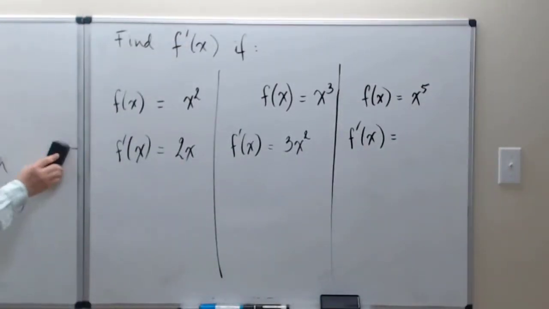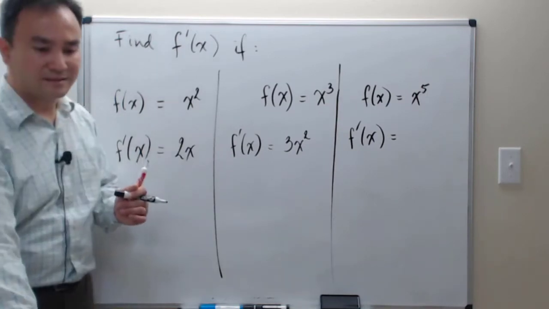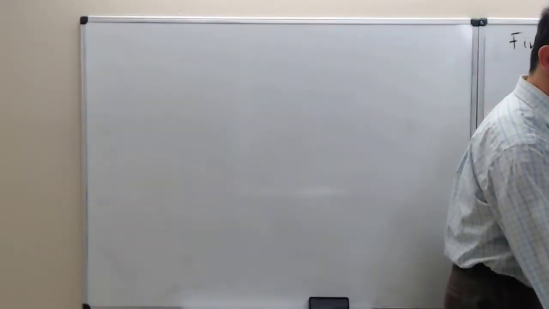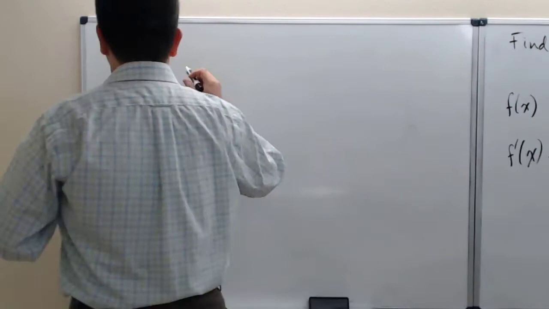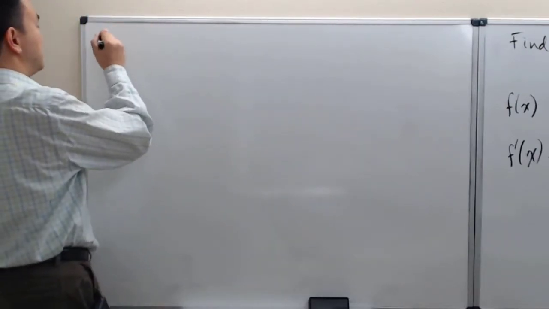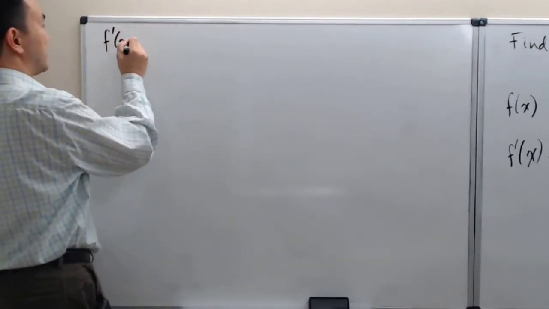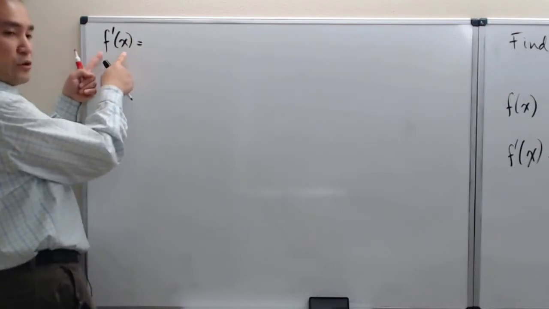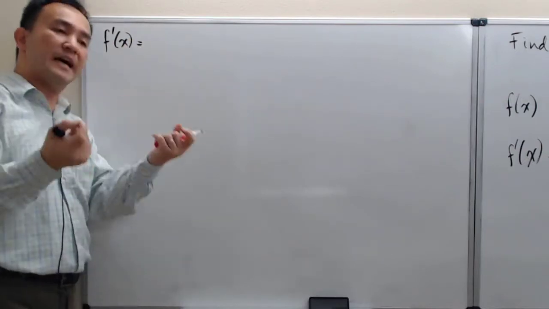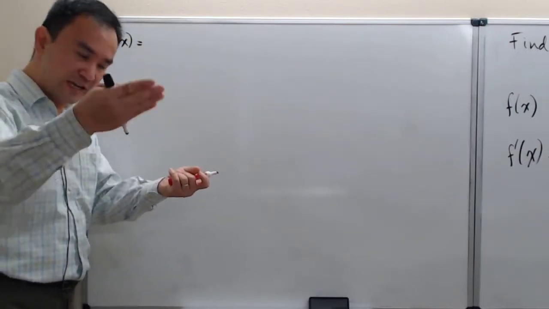And let's have a moment erasing my board up here again. All right, so definitely to find that derivative, and this time keep in mind our goal is to find the general derivative for the x to the 5th function, f of x equals x to the 5th.